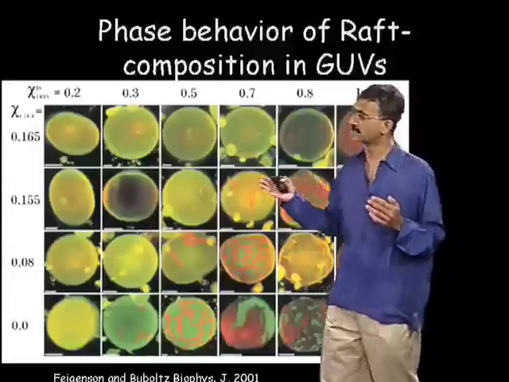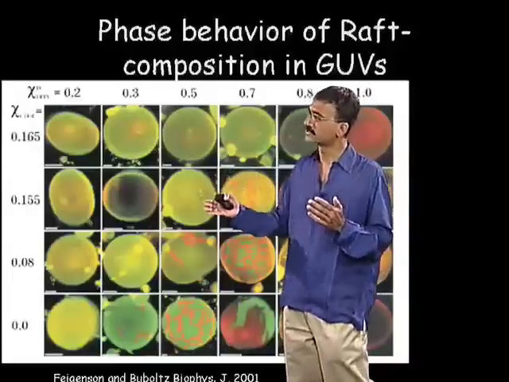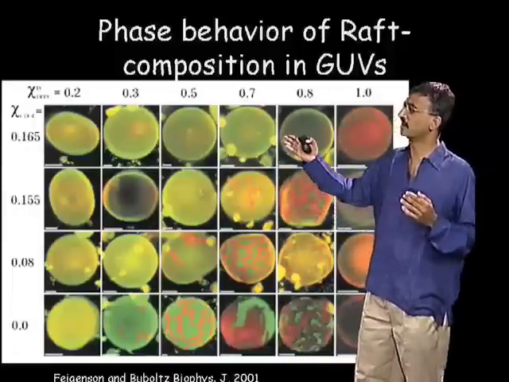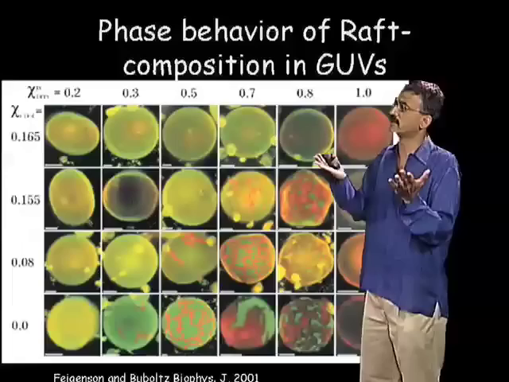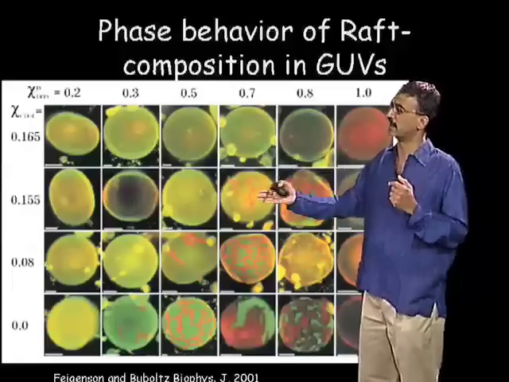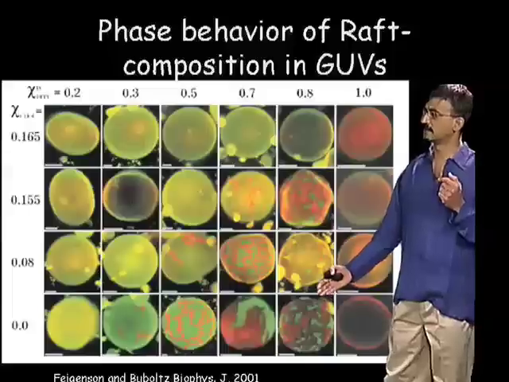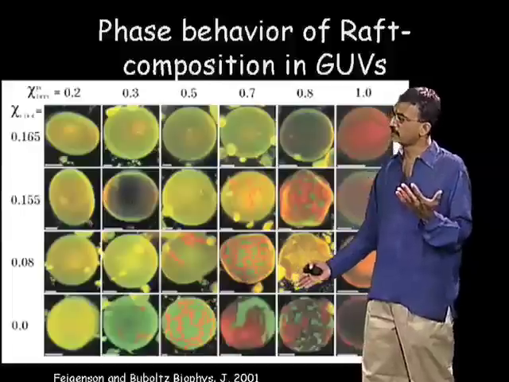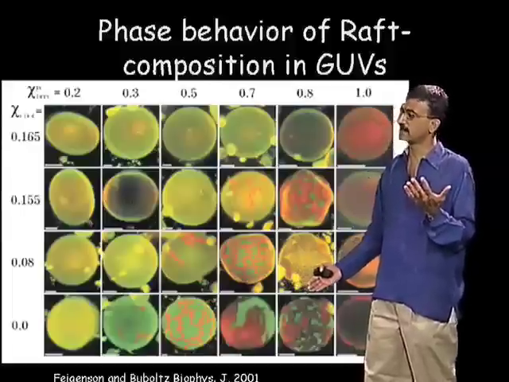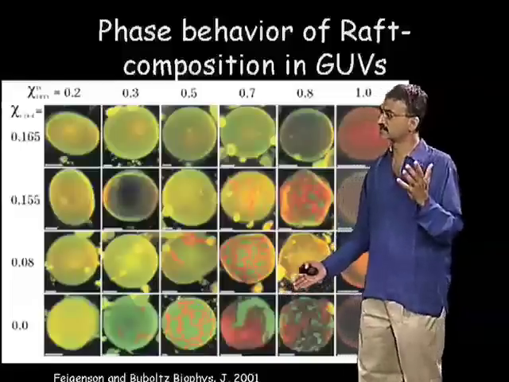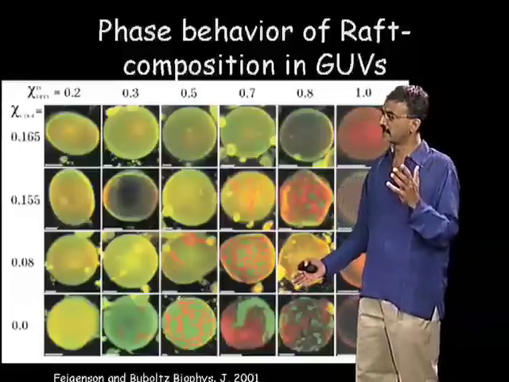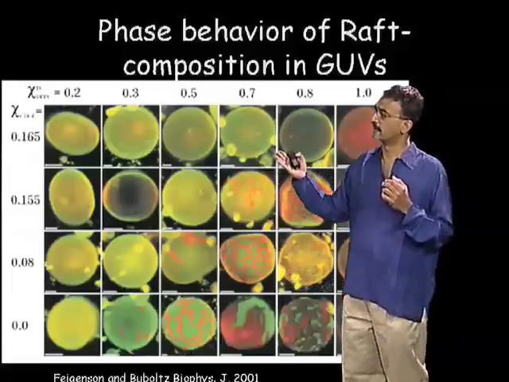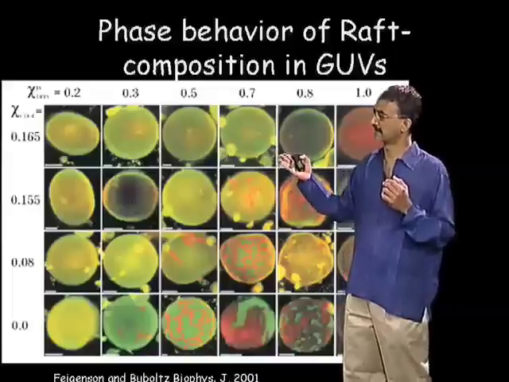And what people have found is that if you add cholesterol to these GUVs, you see a dramatic homogenization of these liquid ordered and liquid disordered membranes that could be present in conditions where cholesterol is completely absent. So if you have, for example, phosphatidylcholine, saturated acyl chain containing choline, and unsaturated acyl chain containing choline lipids, they segregate in the membrane. And then if you add cholesterol, those different domains seem to get mixed up.